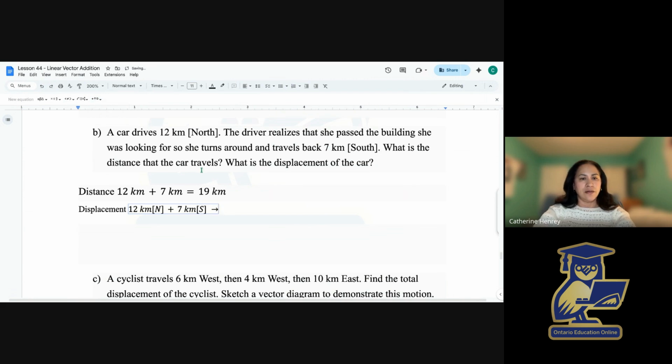So that'll go to 12 kilometers north. And instead of 7 kilometers south, I'm going to write, sorry, negative 7 kilometers north.